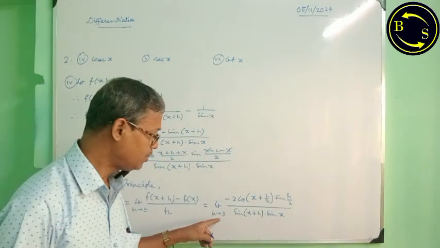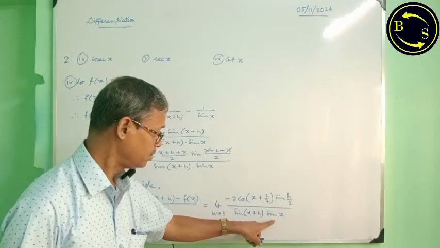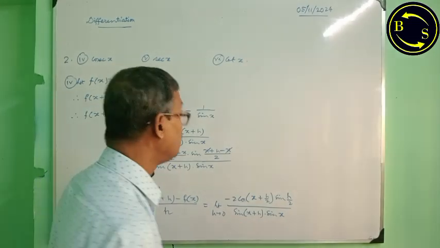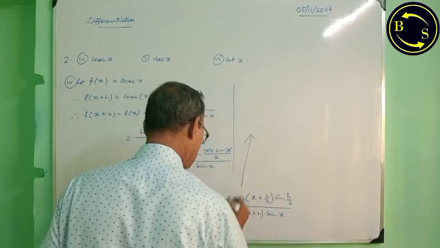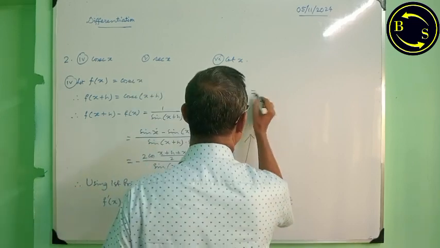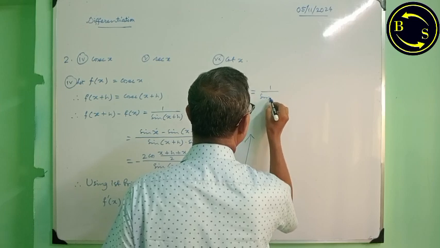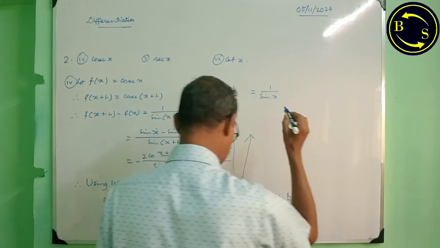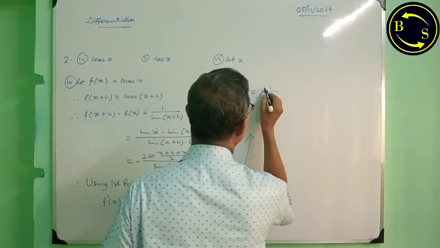Now you see h is the variable, therefore sin x is constant in this case. It will be taken outside, 1 by sin x. Minus 2 is also there, we can take that.